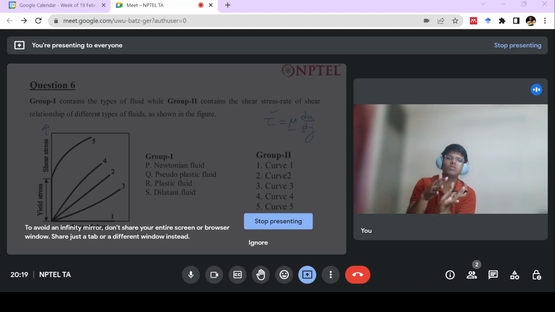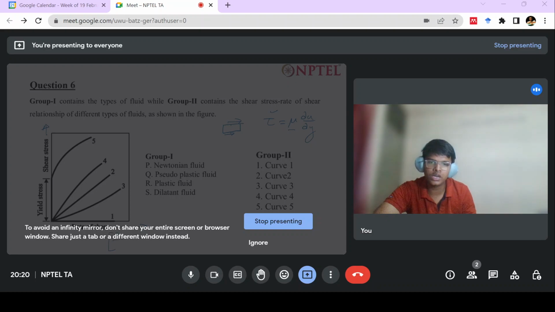A fluid element is deformed with a certain rate, and that will be given by del u del y. Intuitively, if you take a fluid element like this and consider how much the velocity at the top portion and the bottom portion are different, that will give you an idea how fast this fluid element is deforming. So that is the rate of shear. This is the representation of del u del y, and this is the representation of my tau wall or tau.